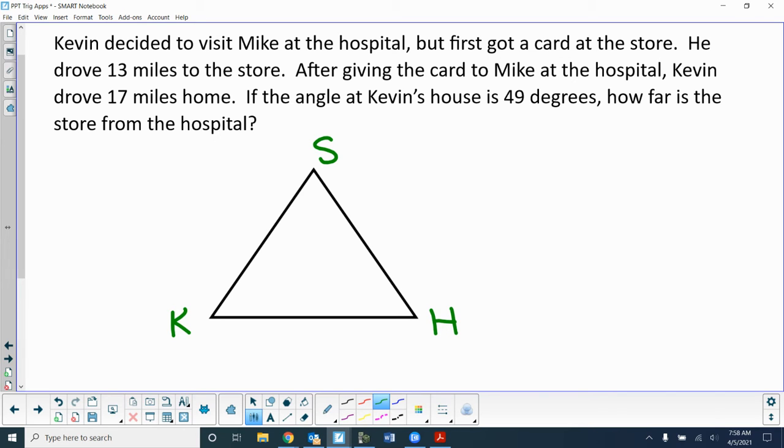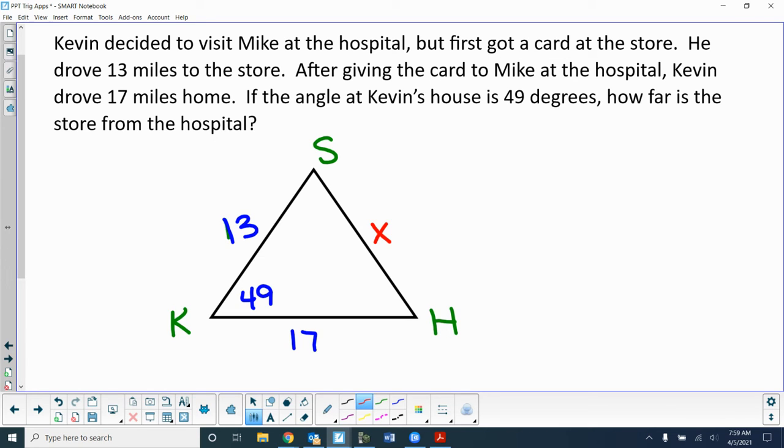So 13 miles to the store. That's 13 miles. After giving the card to Mike, Kevin drove 17 miles home. So from the hospital back home, that's 17 there. The angle at Kevin's house is 49. How far is the store from the hospital? So we're looking for that distance.